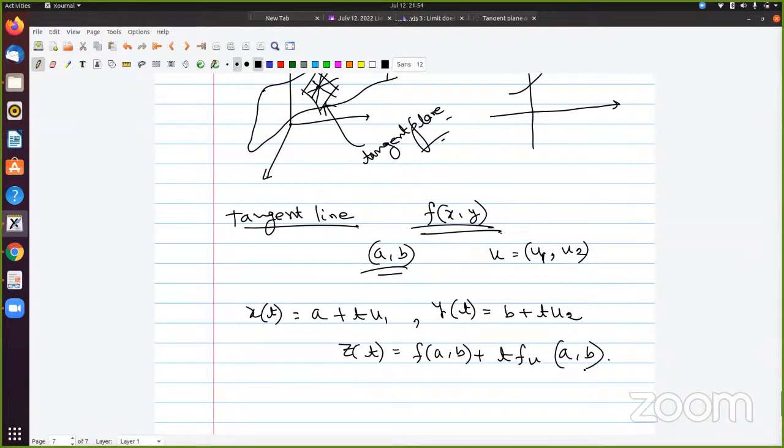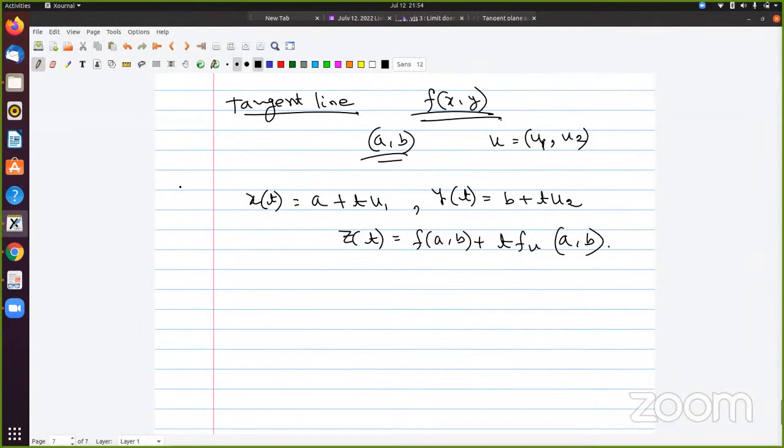So what does it mean? This is the parametric form. Here t is the parameter. It depends on one parameter, and we are getting three things. x depends on t, y depends on t, and z also depends on t. Now you can see that the z coordinate depends on the directional derivative at (a,b) of the function f along the direction u. Okay, so that's how it is written.